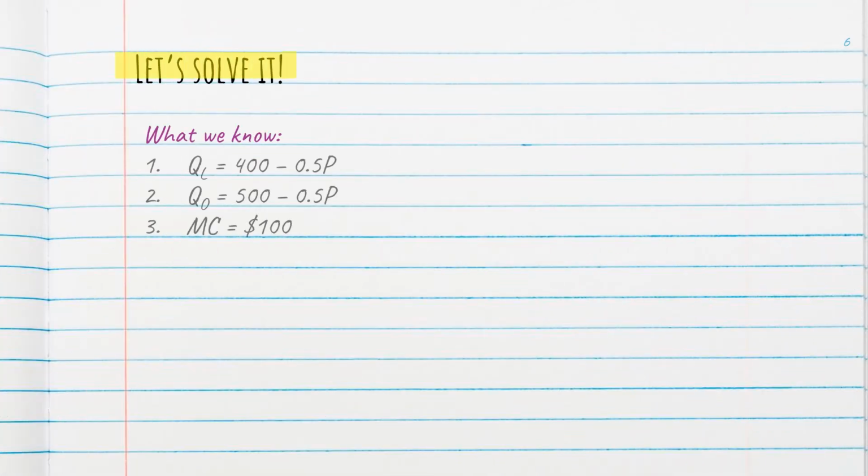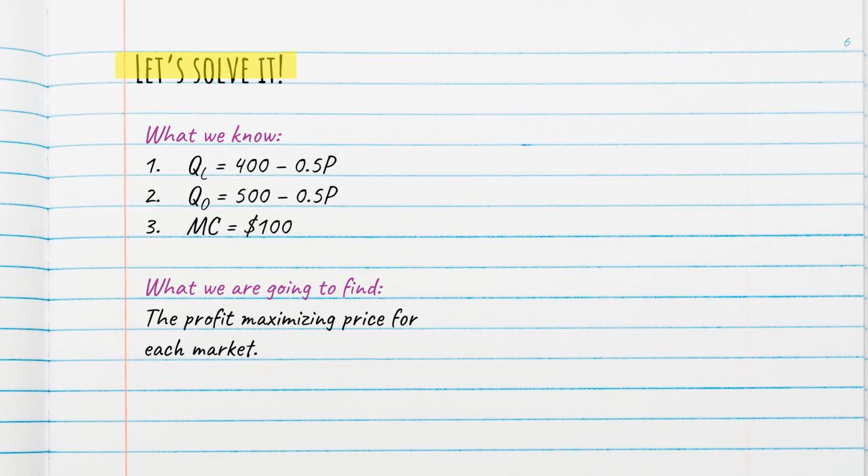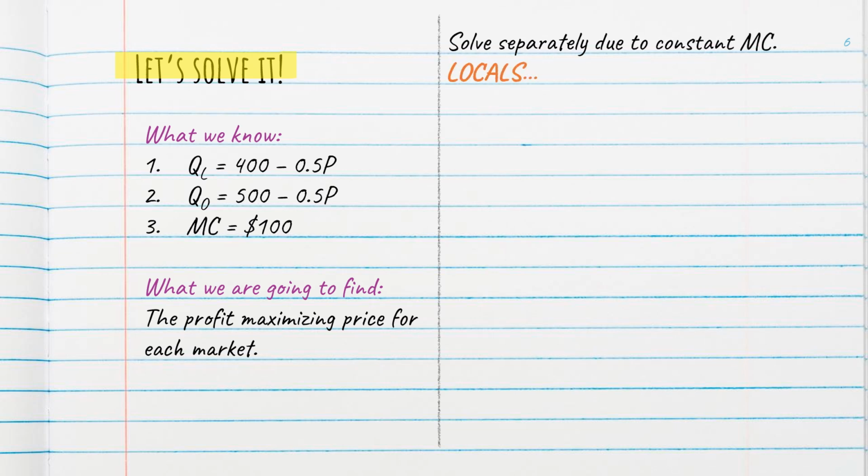Here's what we know. We have demand curves for each market as well as our marginal cost of 100. And our goal here is to find the profit maximizing price and quantity for each market. So we know that we can solve separately because of the constant marginal costs. Let's start with locals. We are going to find inverse demand, then total revenue, and then marginal revenue.